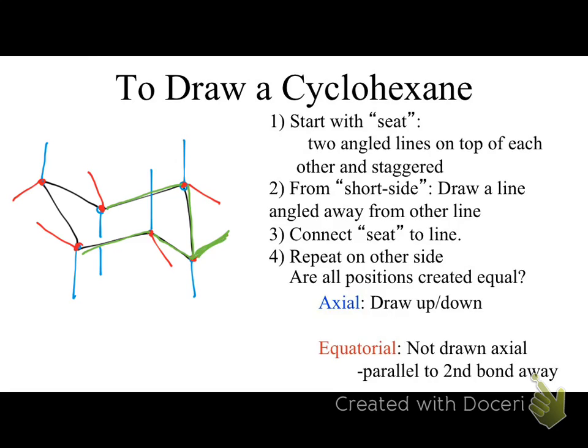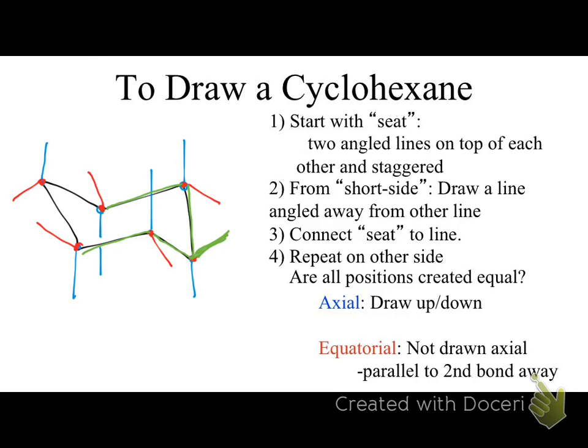Be aware there's an even more clear way to specify it. How would you do that? Wedges and dashes are not a bad idea, except if you add wedges and dashes to this already confusing drawing, it's going to be a bit of a mess. Particularly if we look at this position. Is that wedged or dashed?